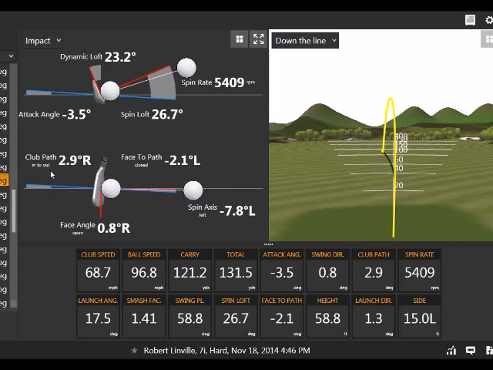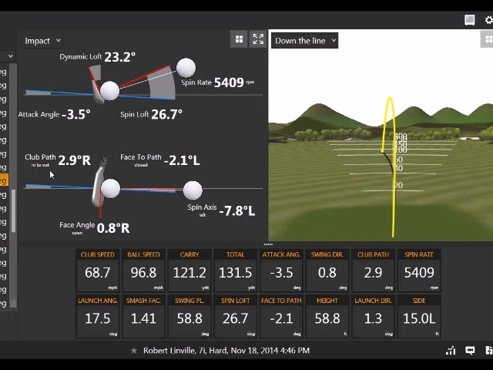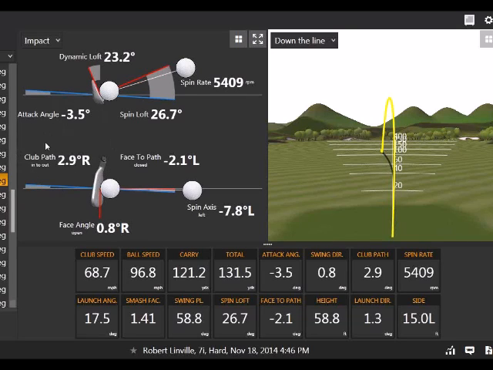So if I can get the setup in the right place, is the ball too far forward, are the hands too far back, are the hands too far forward, whatever it is, balance, all those things can relate to changing this. And then once I can get this club path close, then I'll look at attack angle, because these two correlate so much together.